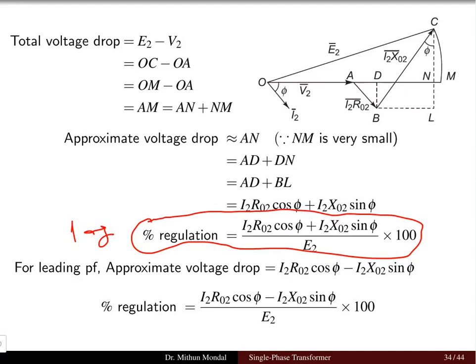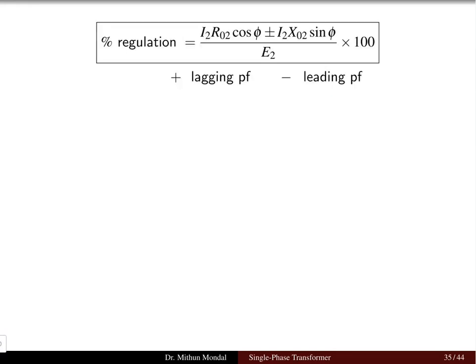If the load is leading in nature, the approximate voltage drop will have a negative sign: I2 R02 cos phi minus I2 X02 sin phi, and percentage regulation can be written by this formula. In general, we can write the percentage regulation formula with a plus-minus in between, where plus indicates the lagging power factor and minus indicates the leading power factor.